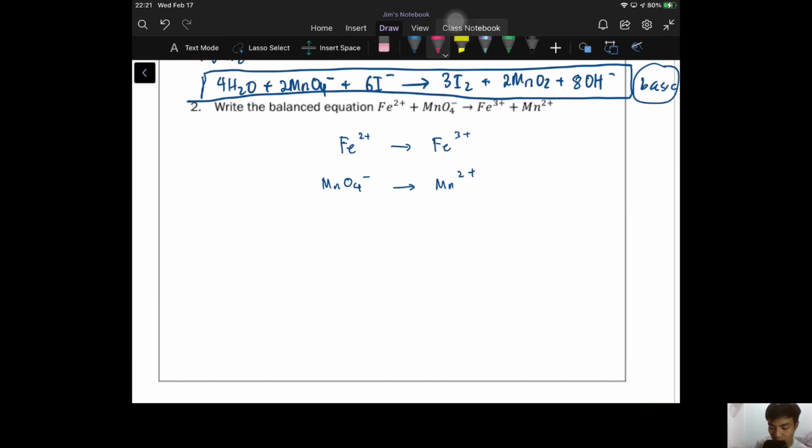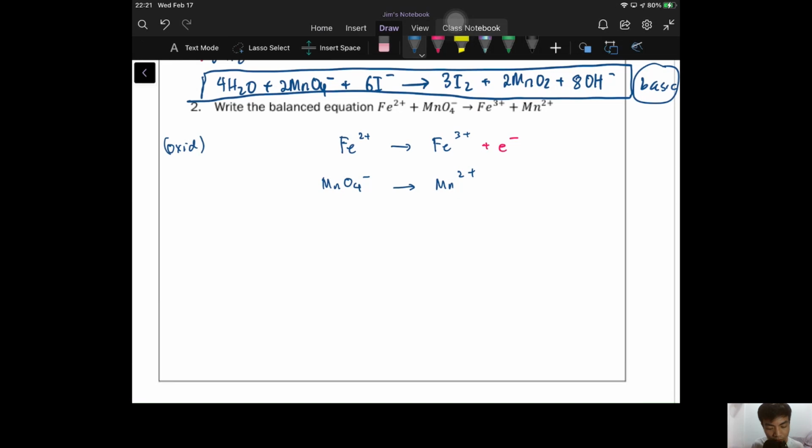Okay. So magdadagdag ako ng isang electron dito. Yan. So that mag-balance yung charges ng sides ng equation na yan. Okay. So, okay na tayo sa top equation. And since the electron is in the product side, we can say that this is an oxidation reaction.